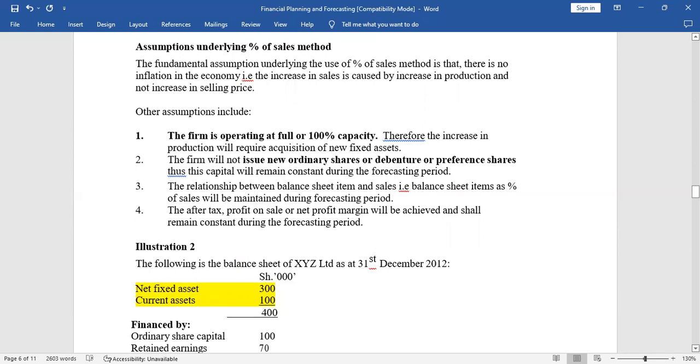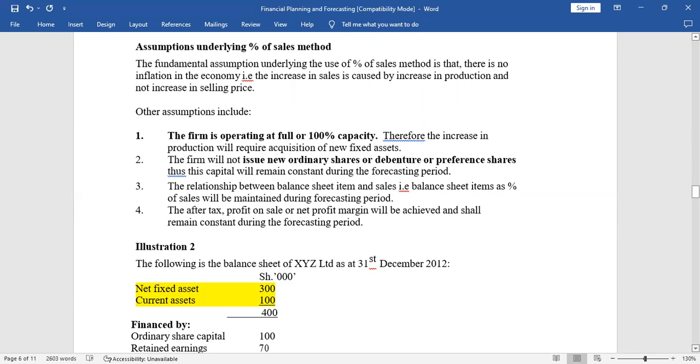Well, it's an assumption because we know the aggregate price levels are affected by the forces of demand and supply. There are other macroeconomic determinants like fiscal policy, monetary policy, etc. But for the percentage of sales method to apply, we assume that there is no inflation.